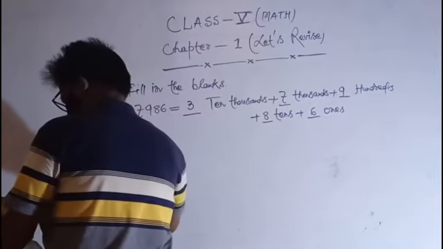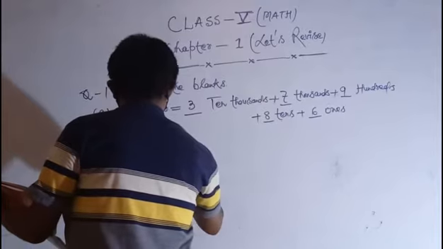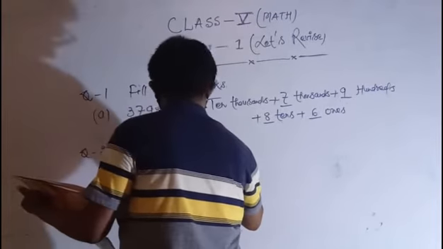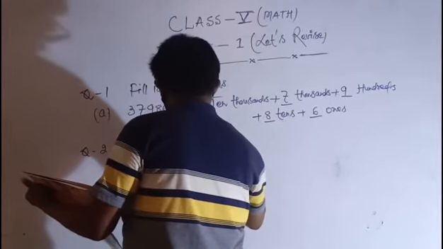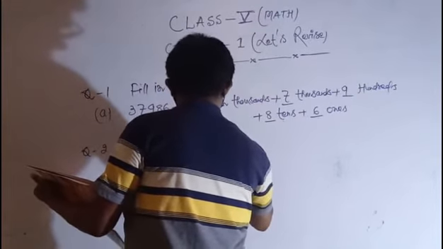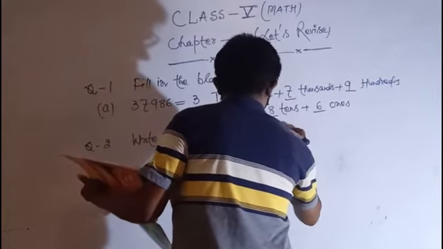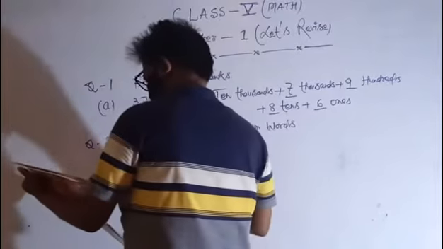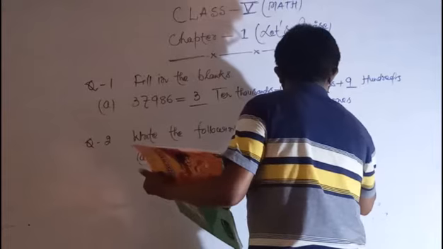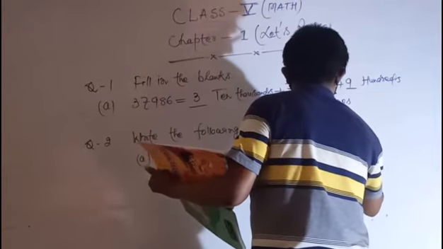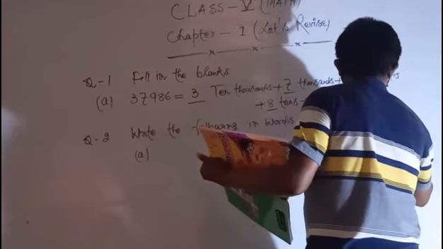Question 2. Write the given number in words. Write the following in words, as Indian and international.